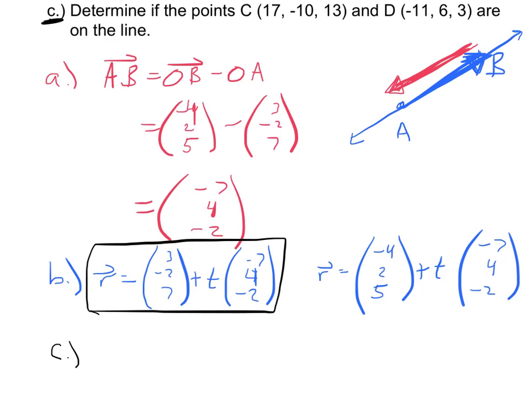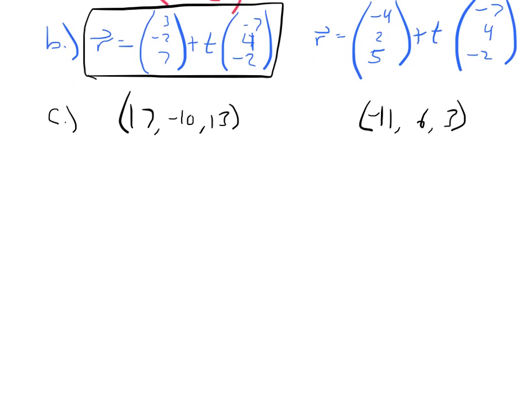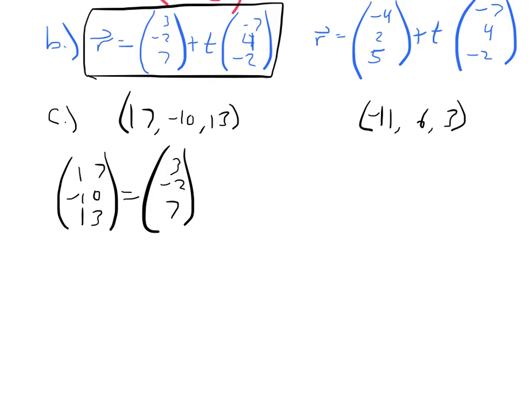Part C. The two points they want me to look at are 17, negative 10, 13, and the point negative 11, 6, 3. So I'm just writing them there so that I can scroll down past them. Okay, so for that first one, I'm going to set 17, negative 10, 13 equal to 3, negative 2, 7 plus t times negative 7, 4, 2.